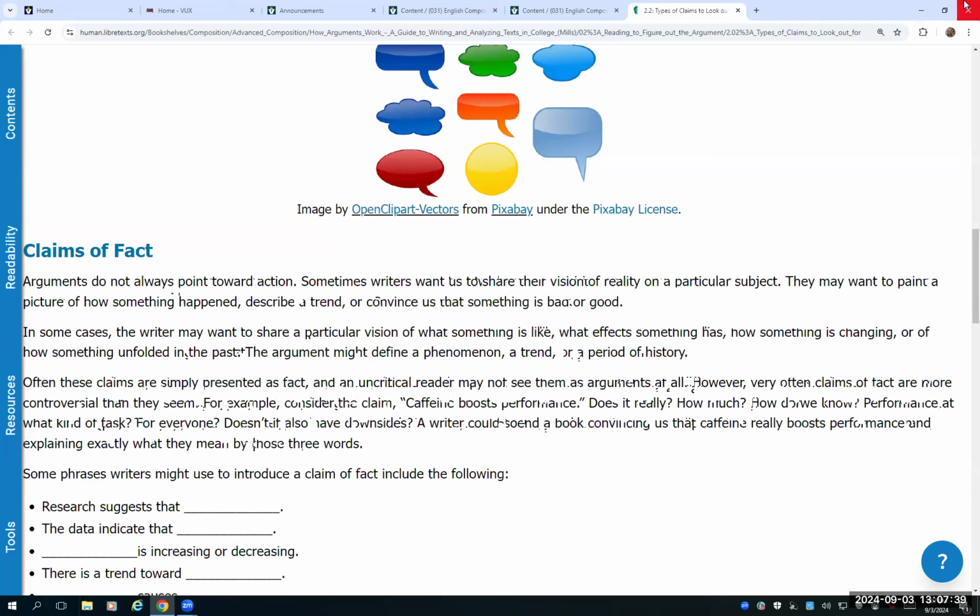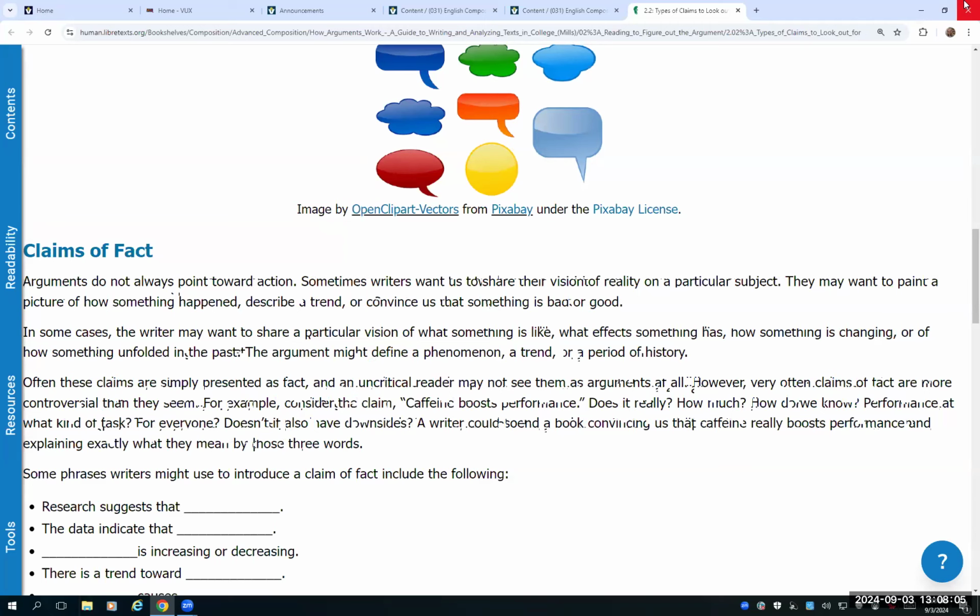So they're saying there's research and they're saying it suggests it, like that it's a suggestion, maybe it's up for some debate. The data indicates that, okay, the data is pointing to this way of this viewpoint, but maybe that's where you'd want to examine that data more carefully.